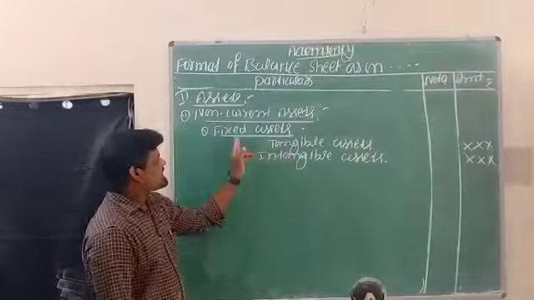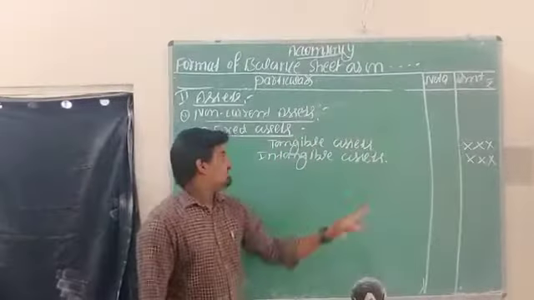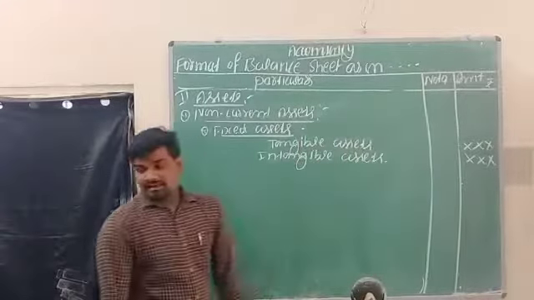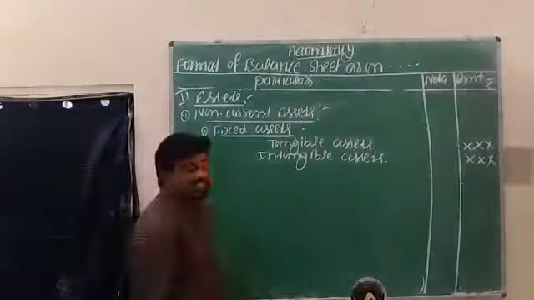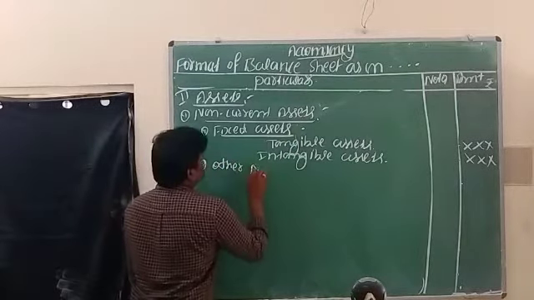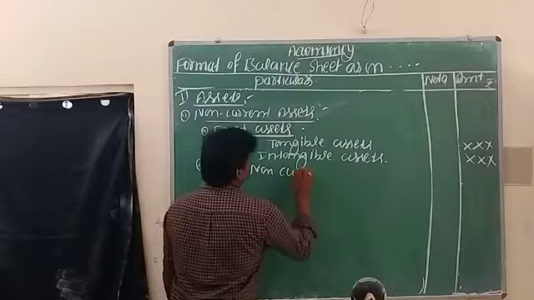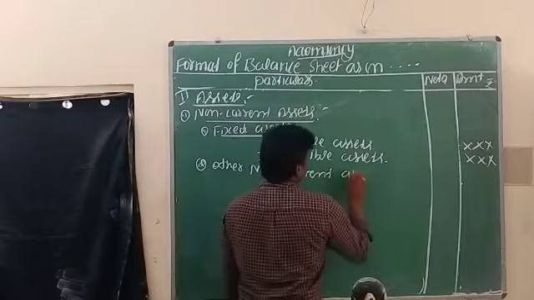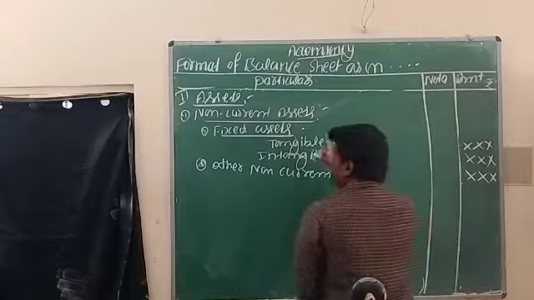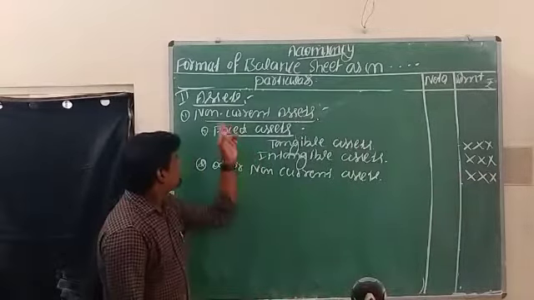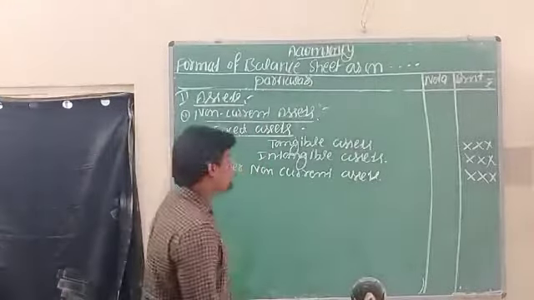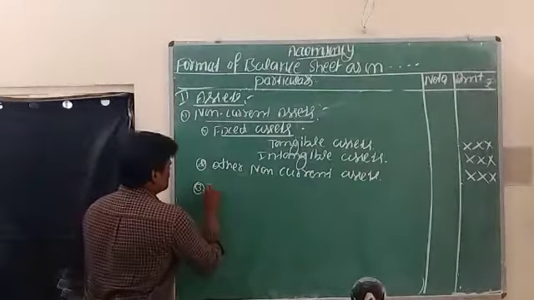So under the fixed assets, there are two types of assets we can record. One is tangible assets, the second one intangible assets. The next one, other non-current assets. Other non-current assets we can record under the non-current assets only. The second one, is there any non-current investments in the business?